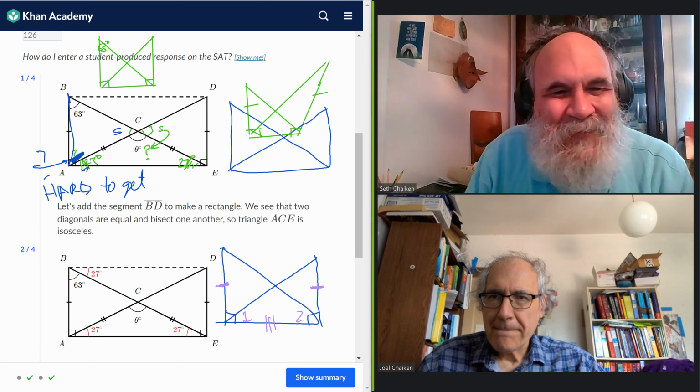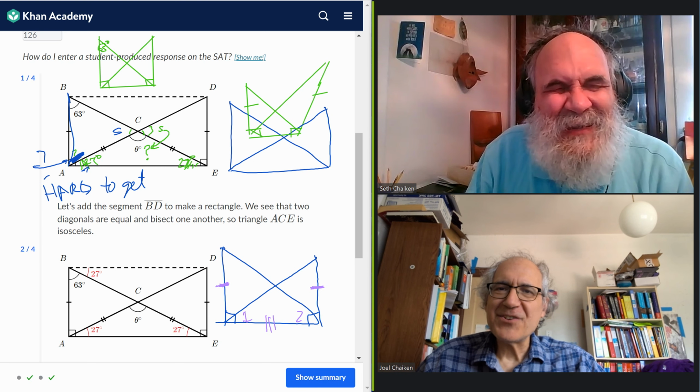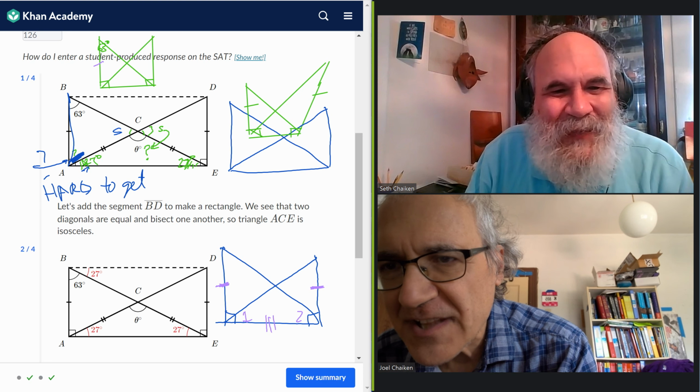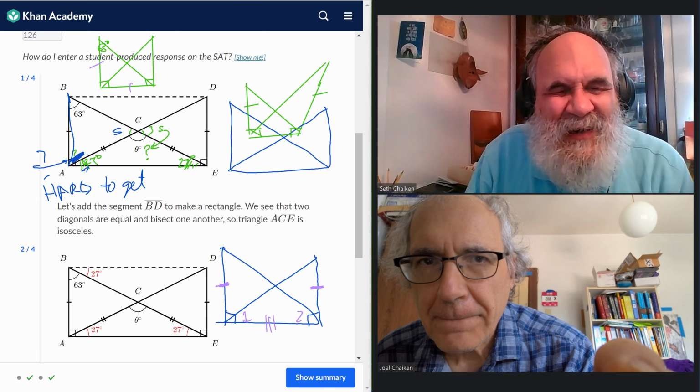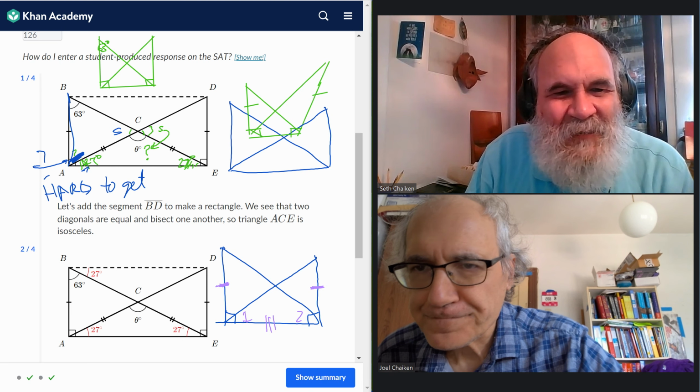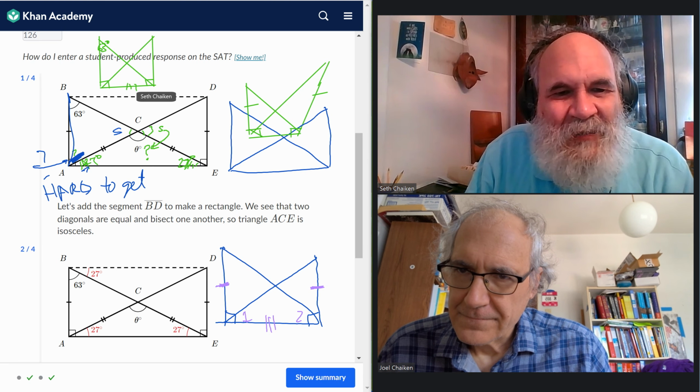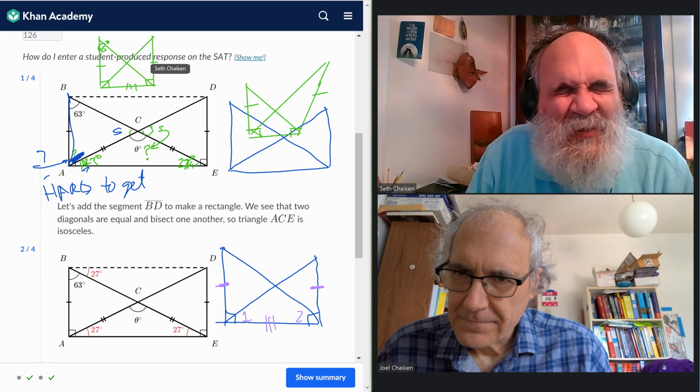In other words, you're saying that in this case it looks like the tick marks are like this. So this is actually a wrong tick mark. This is different from these two equal ones.